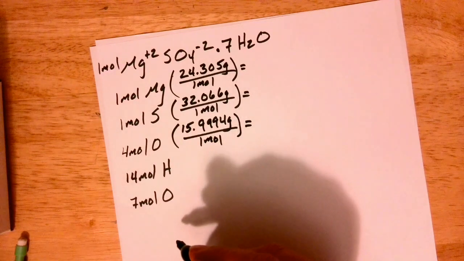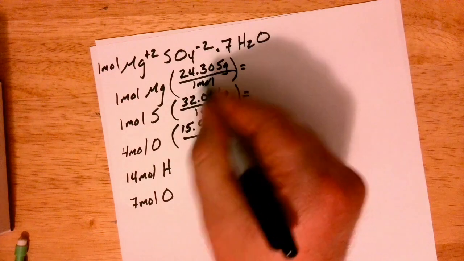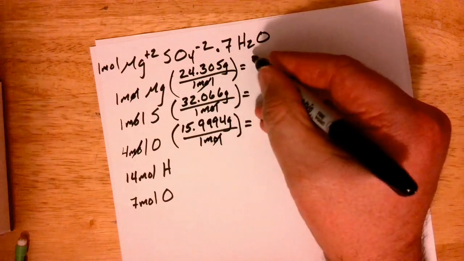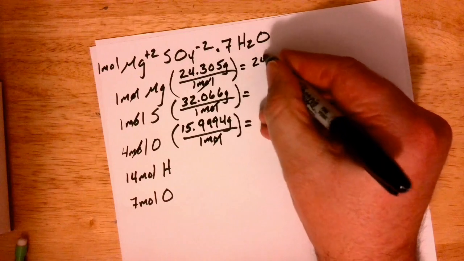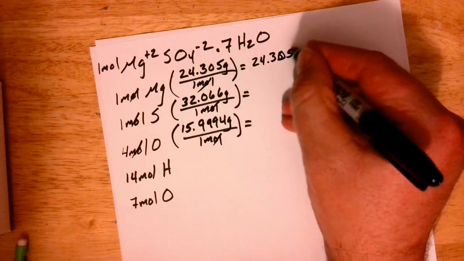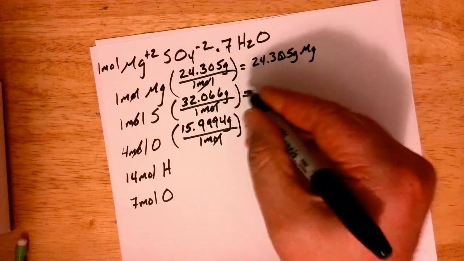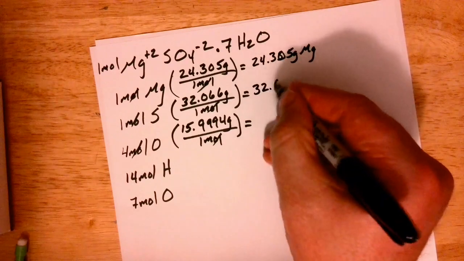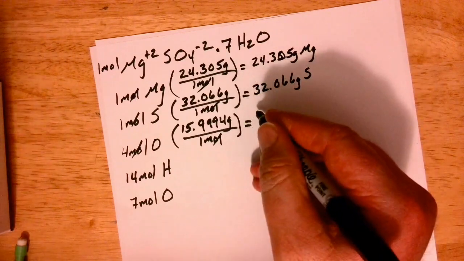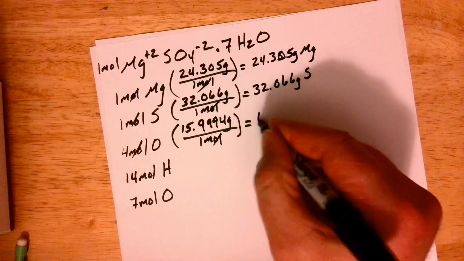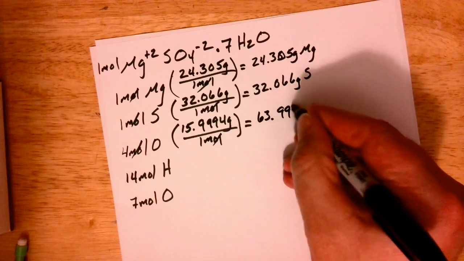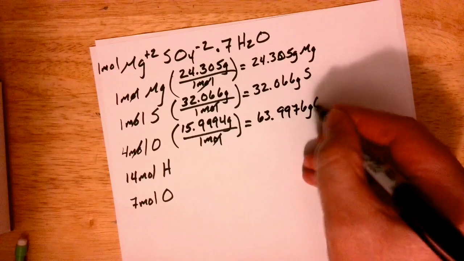Okay, and all these moles will cancel out. So when you do that again here, we end up with 24.305 grams of magnesium, 32.066 grams of sulfur, and 63.9976 grams of oxygen.